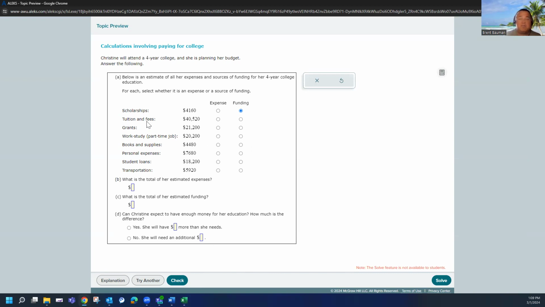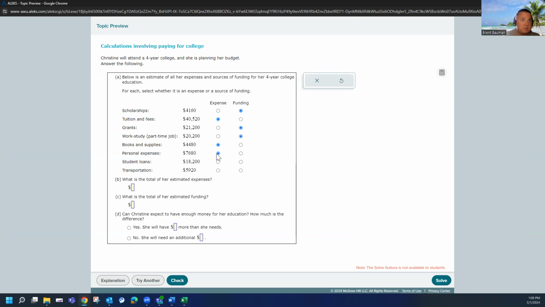The tuition and fees, this is the cost of going to school, so that's an expense. Grants, this is money that's given to us by the government to help pay for schooling, so that's funding. Work study, we're being paid to work, so that's funding. Books and supplies, now these cost money, so that's an expense.